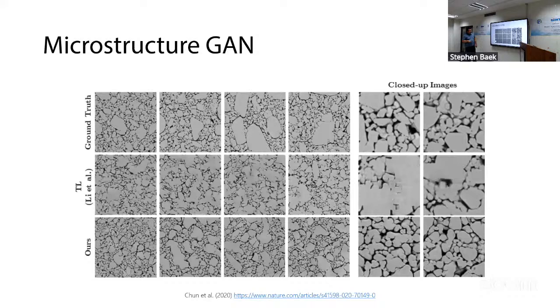And at the bottom, we have the GAN generation result. We have some close-up images for a better comparison. As you can see, the bottom row is much more realistic, whereas in the middle we have some artifacts, some kind of a grid pattern, whereas the bottom row is very realistic compared to the close-up images.